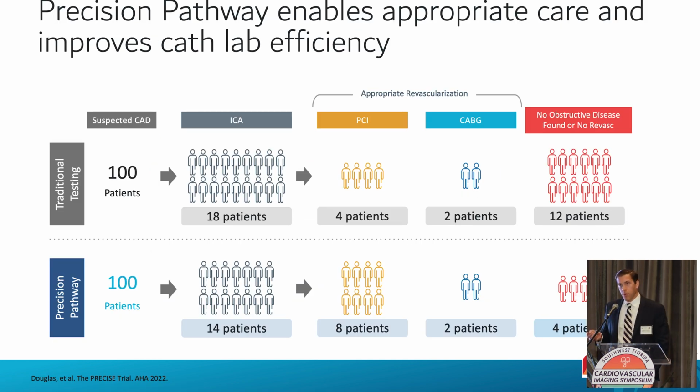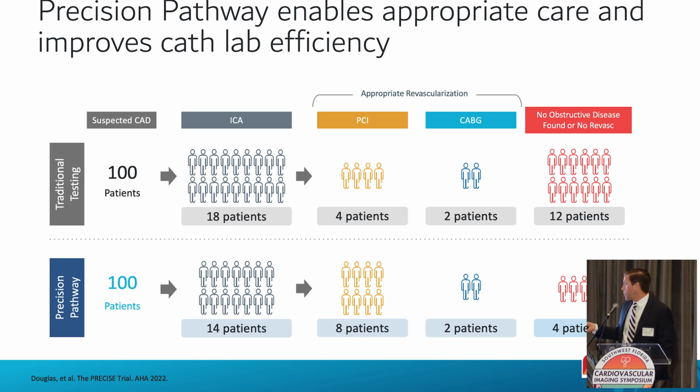In addition, if we look at those patients in both arms who had suspected coronary disease, the number of invasive coronary angiograms was similar in both groups, so 18 in the traditional testing versus 14 in the precision pathway.